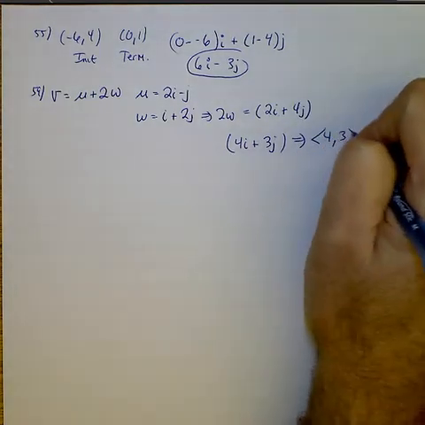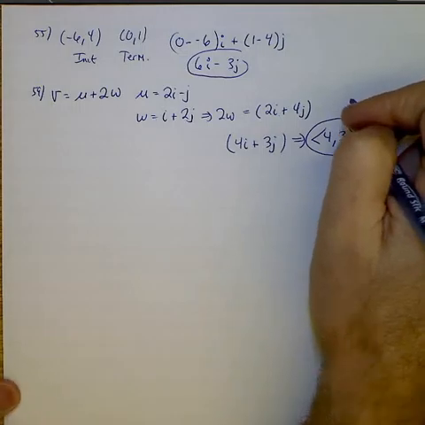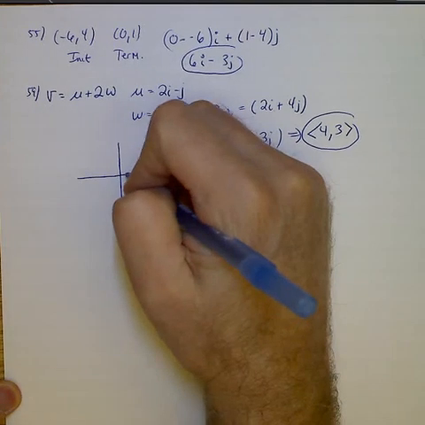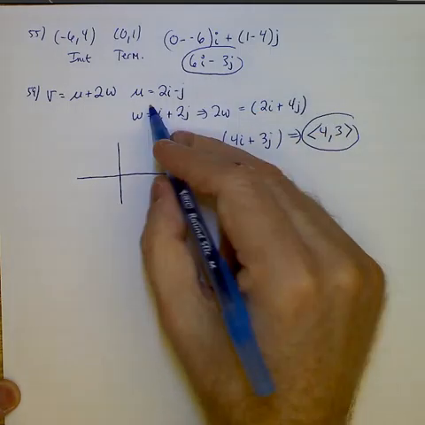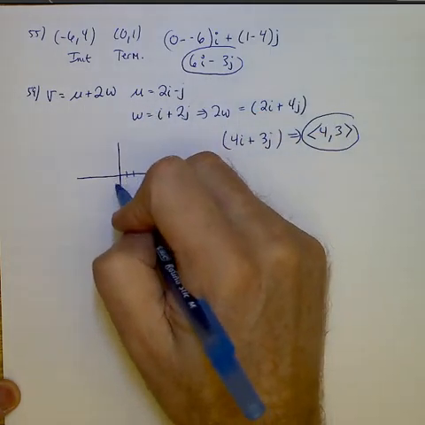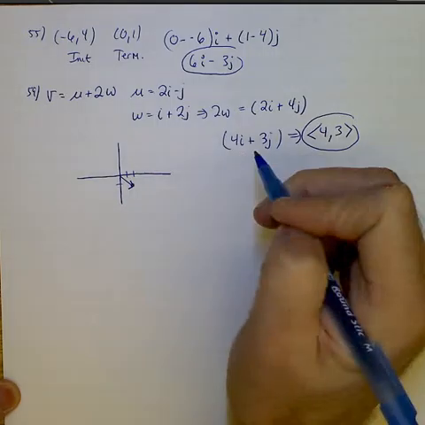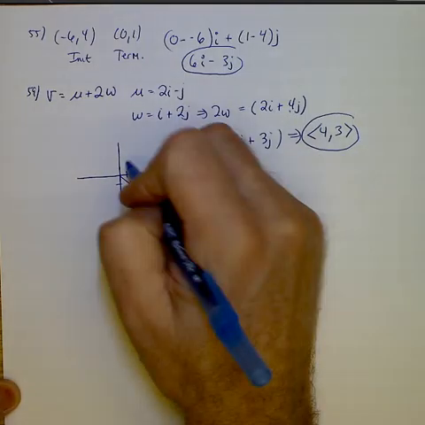And then they wanted you to do the sketch. So for the sketch, u is 2i minus j, and 2w is 2i and 4j.